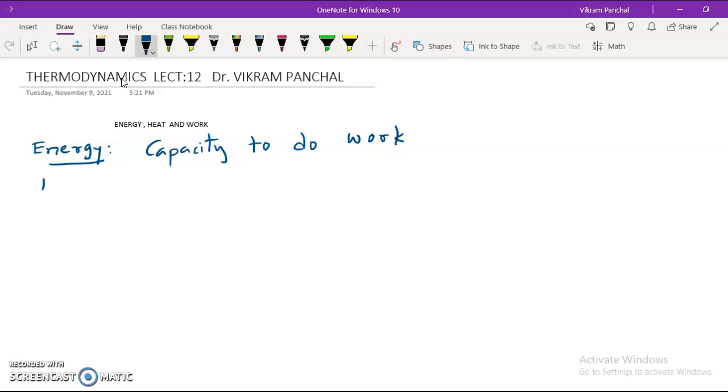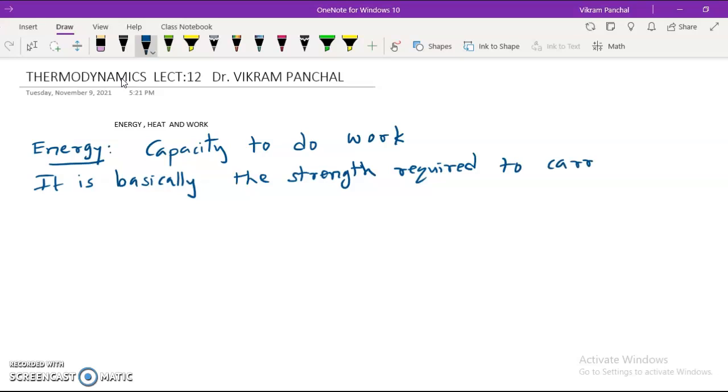Or it is basically the strength required to carry any physical or chemical change.